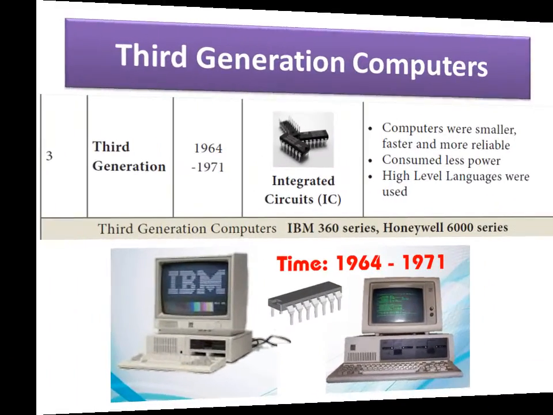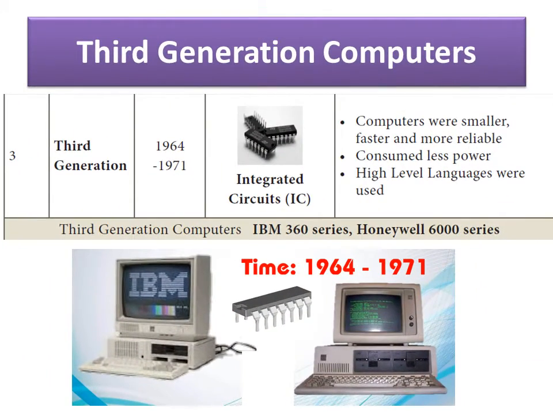Now we will see about the IBM 360 series and Honeywell 6000 series, that is the third generation computers. The third generation computers were from 1964 to 1971, and instead of the transistors of the previous generation, the third generation used integrated circuits or ICs. ICs were small integrated chips, circuits built into a single chip.